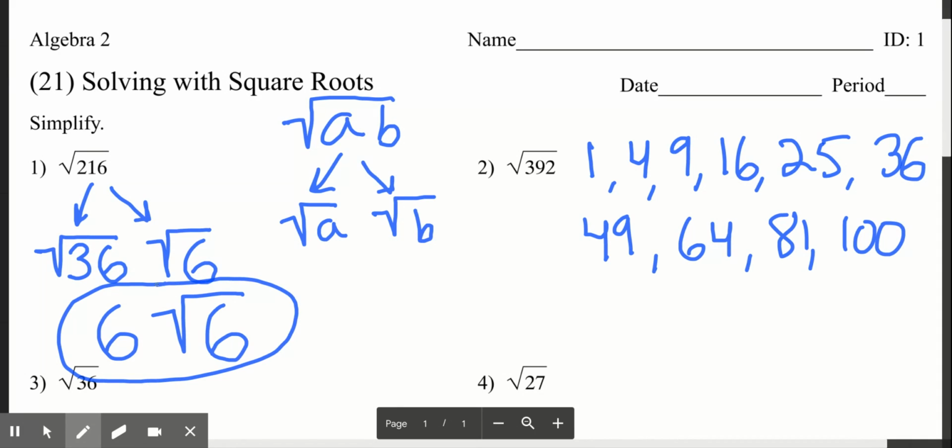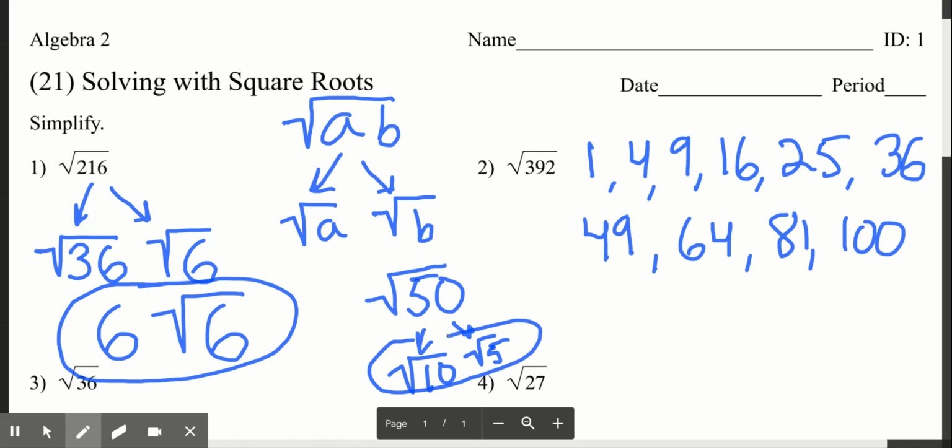My favorite example to use when I'm teaching this is the square root of 50, because 50, you might be like, oh, I got this, Mr. Card. It's 10 and 5. And I'd say you're not really wrong. That is mathematically true. The square root of 5 times the square root of 10 is the square root of 50. It's just that this doesn't help me because 10 and 5 are not perfect squares.